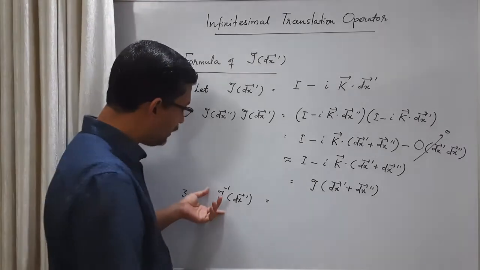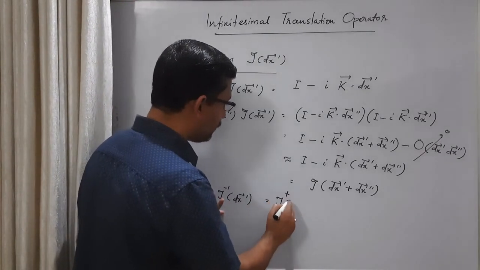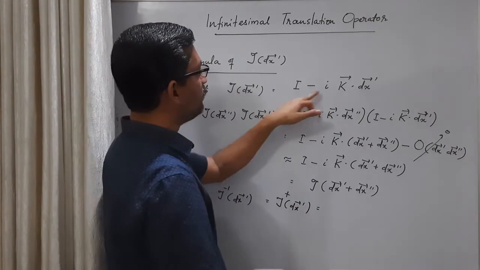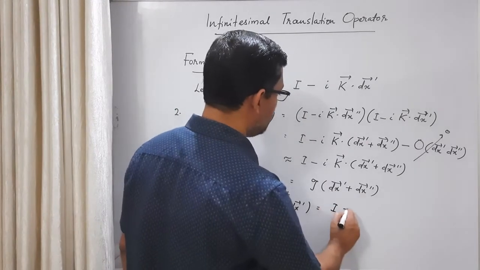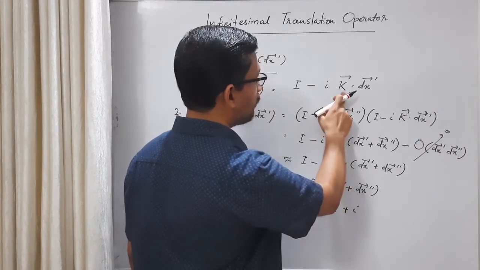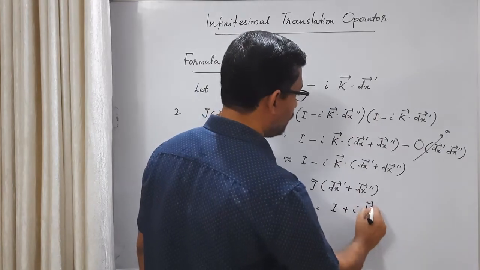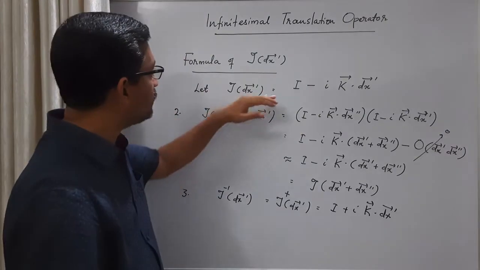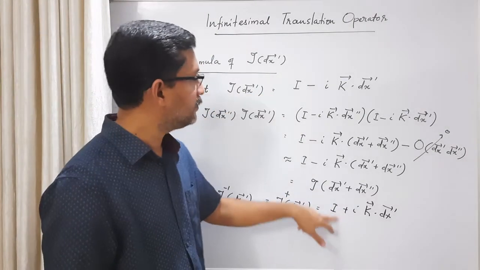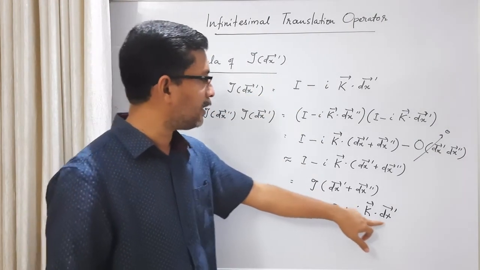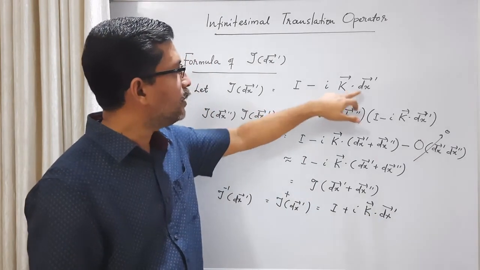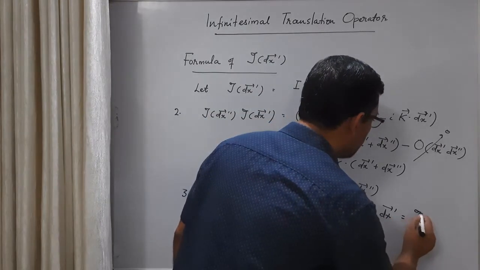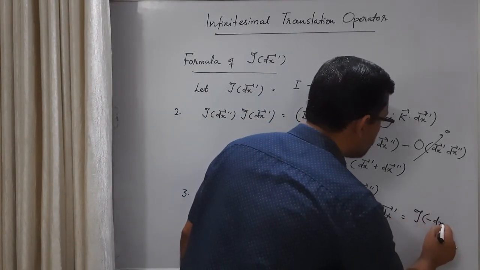So I inverse is nothing but I dagger dx prime. But what is I dagger dx prime? It is identity plus I k dagger dot dx prime, but k dagger is the same as k, so identity plus I k dot dx prime. Again, look at this definition. This term, 1 plus I k dot dx prime, is obtained from here if you replace dx prime by minus dx prime. So this term is nothing but the infinitesimal translation operator corresponding to minus dx prime.